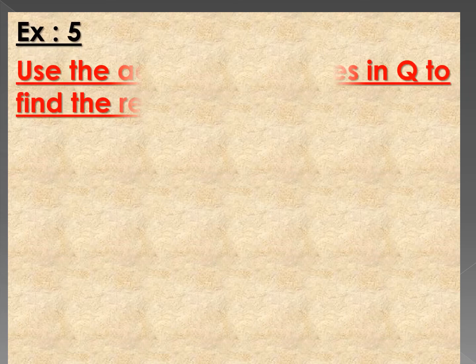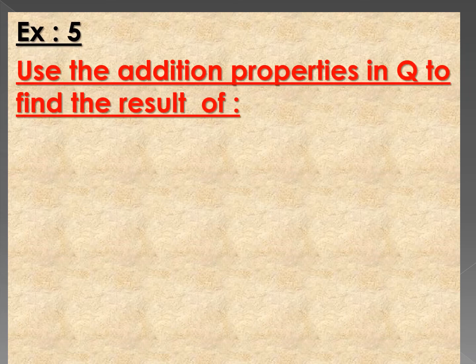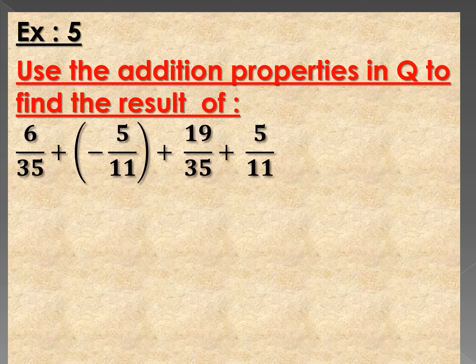Example number 5. Use the addition properties in Q to find the result of the following: 6/35 plus negative 5/11 plus 19/35 plus 5/11. We must first exchange the places to have the fractions with the same denominators together, and this will be the commutative property as follows.